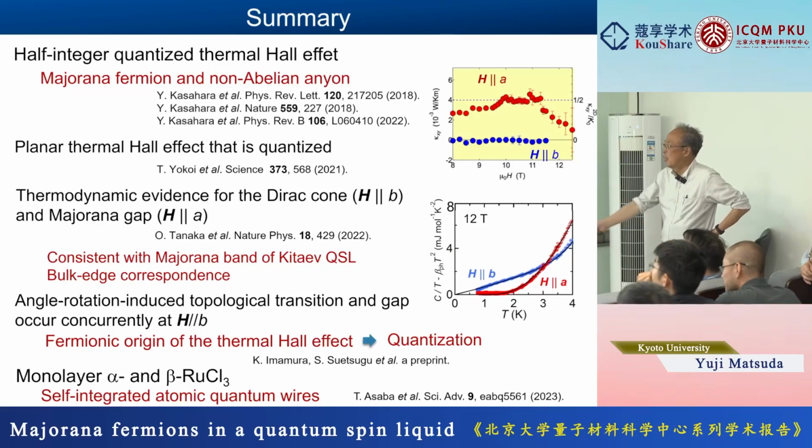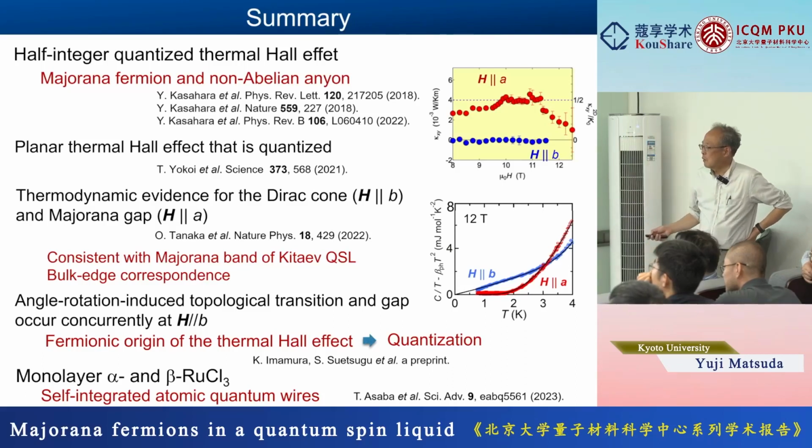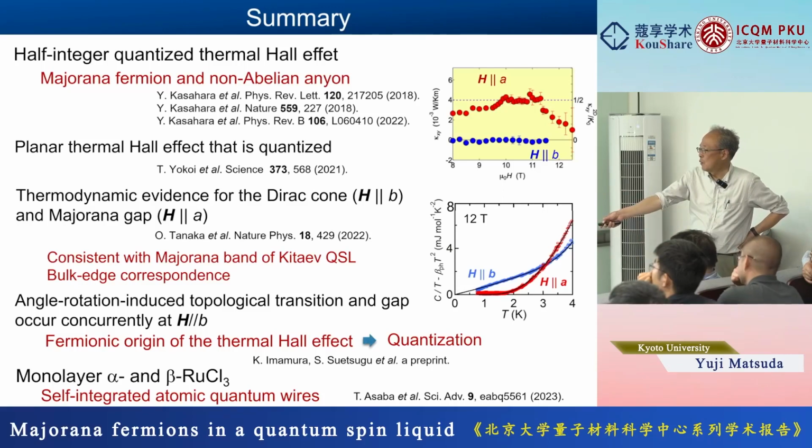We observe the angular rotation-induced topological transition, and gap closing occurs concurrently at the magnetic field parallel to the b-axis. This provides conclusive evidence for the fermionic origin of the thermal Hall effect.